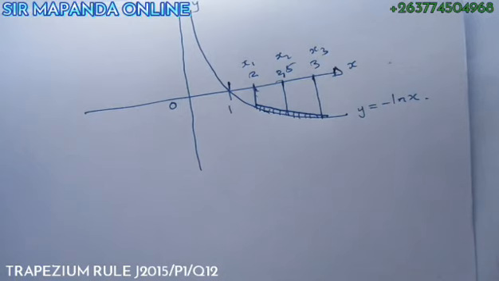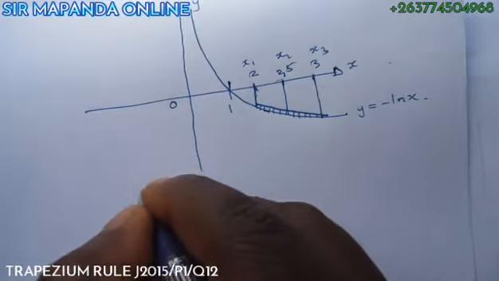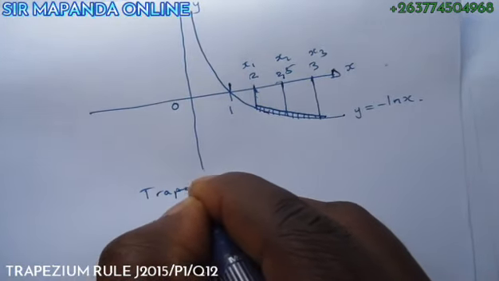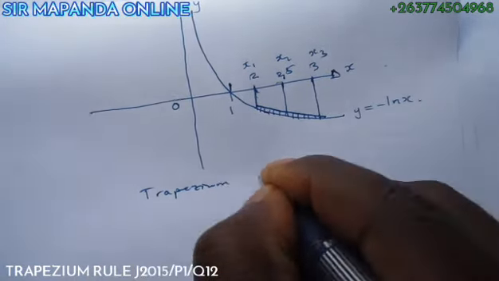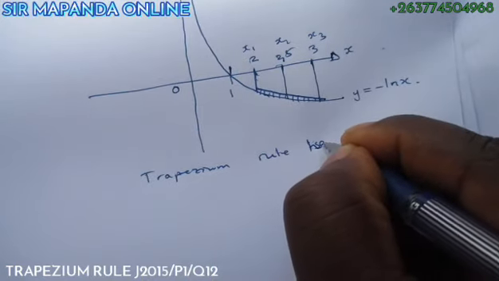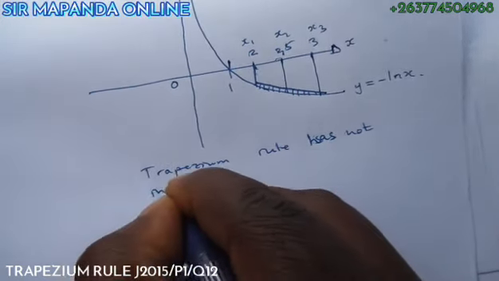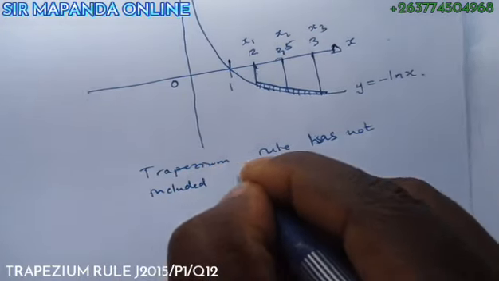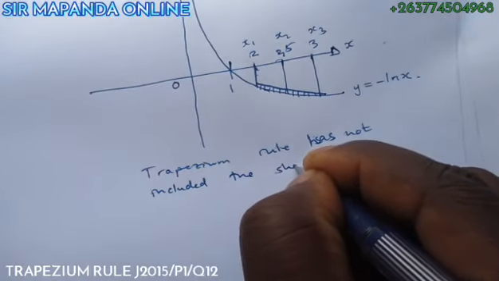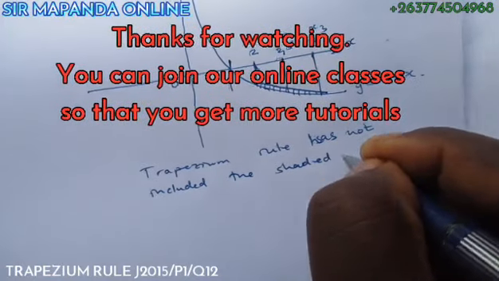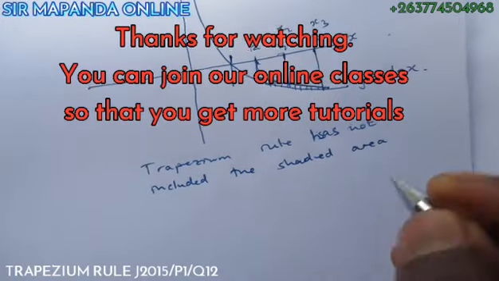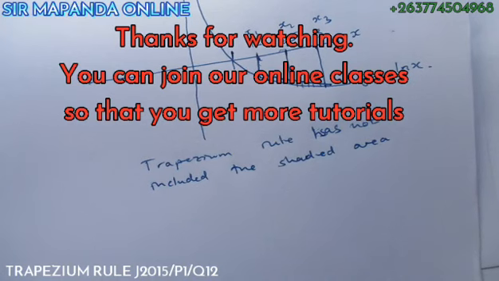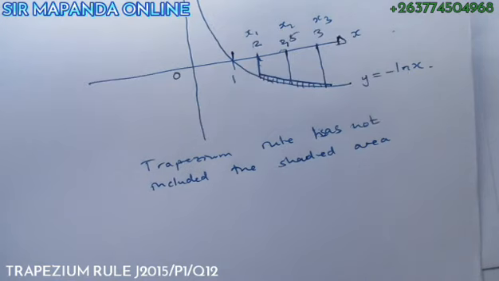So you can start by drawing a sketch, then you explain to the examiner that trapezium rule has not included the shaded area. Therefore, it underestimated the area. By leaving this space, it underestimated the area.